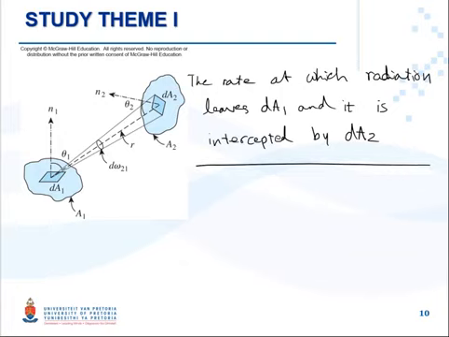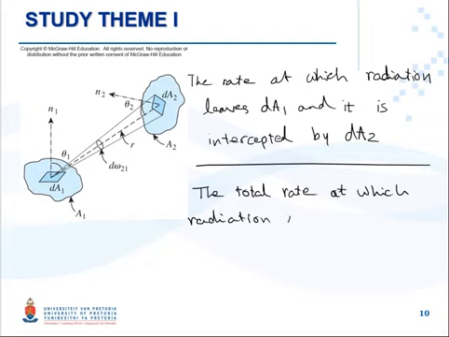So that's the first rate that we need to find. The second rate is the total rate at which radiation leaves dA1 in all directions.